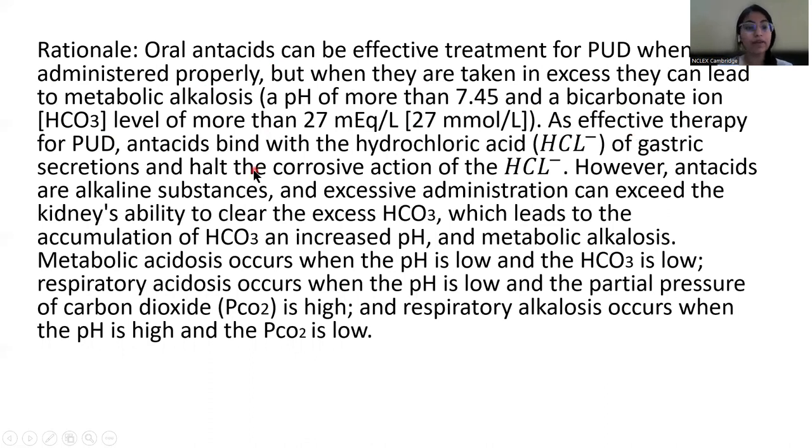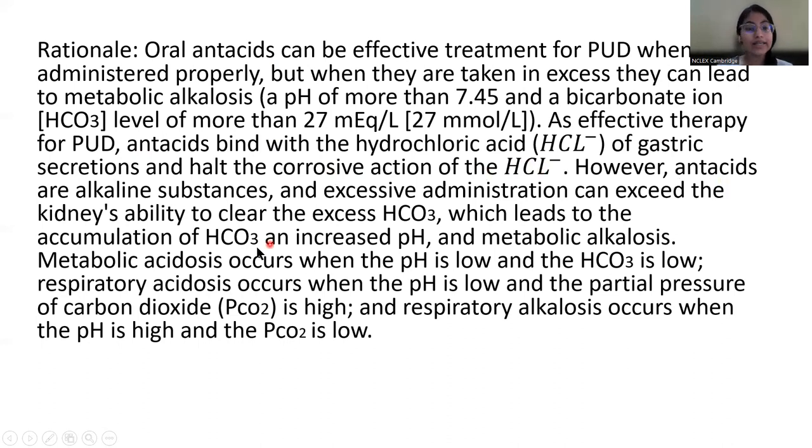As effective therapy of peptic ulcer disease, antacids bind with the hydrochloric acid. HCl is the acid that is produced in our gut. So what do antacids do? They bind to the HCl of gastric secretions and halt the corrosive action of HCl. So it halts the mechanism of HCl and it will not cause corrosion of the ulcer.